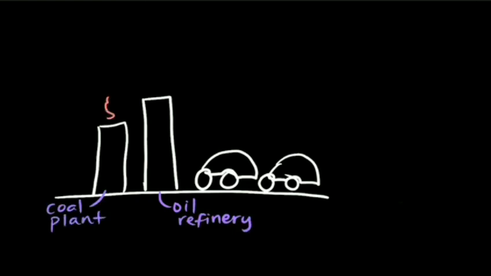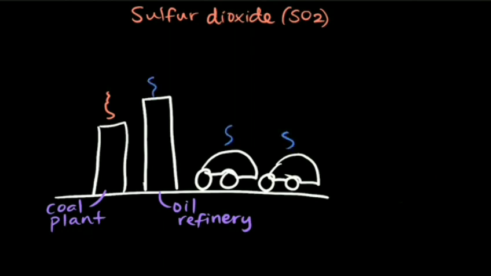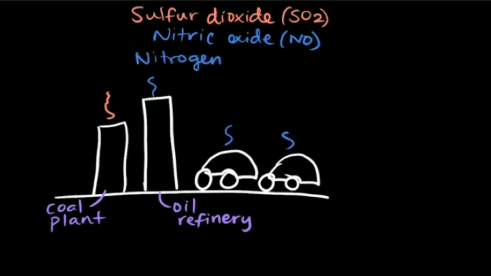A common byproduct of coal burning plants or smelters and other industrial facilities is sulfur dioxide, SO2. At the same time, high temperatures from combustion engines and oil refineries provide enough energy to break apart nitrogen and oxygen molecules in the air. These molecules can then recombine to form different nitrogen oxides, like nitric oxide, NO, and nitrogen dioxide, NO2.